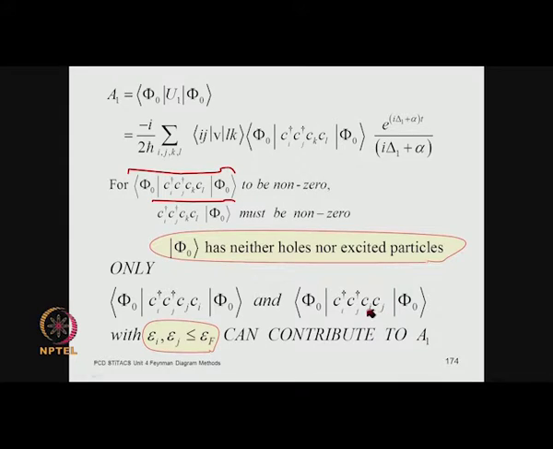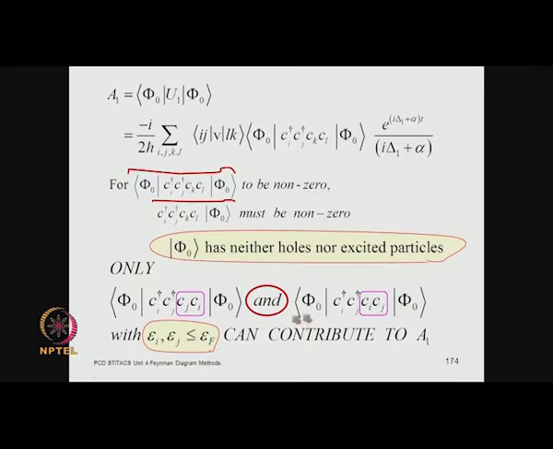So, this is the only case where c_i and c_j destroy 2 electrons from the vacuum, and then you have to create them subsequently, because now that you have holes there, you have vacancies. So, sure enough, you can have electrons created over there by destroying the corresponding holes. So, these are the 2 possibilities.